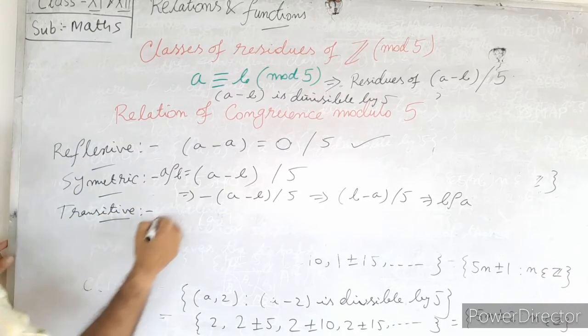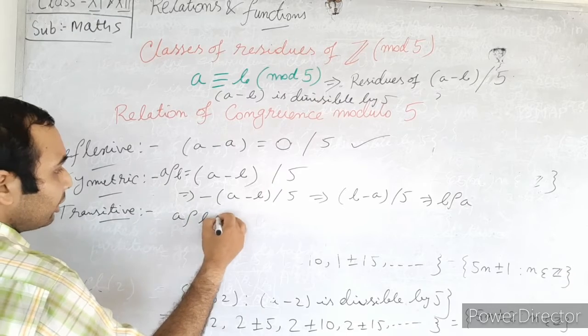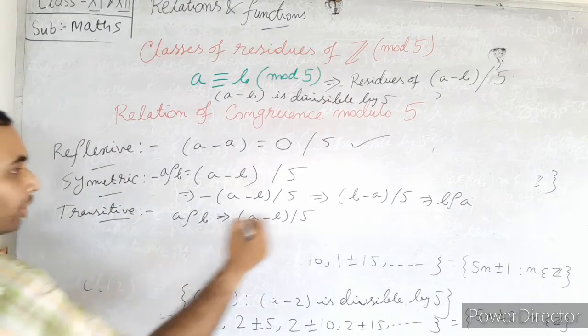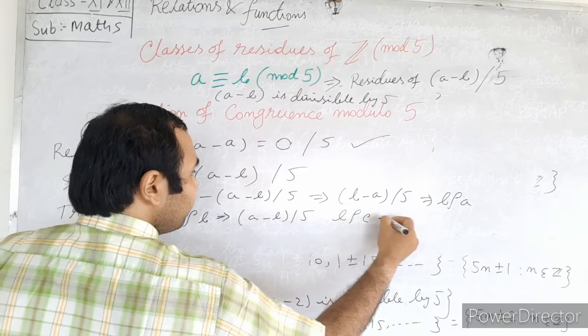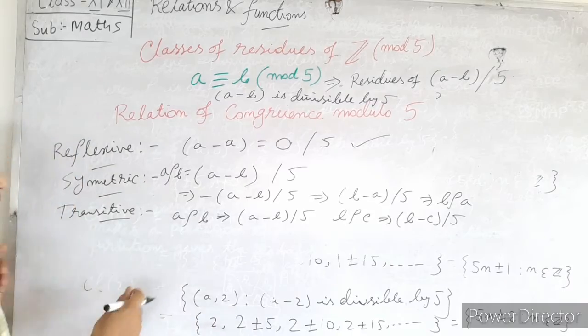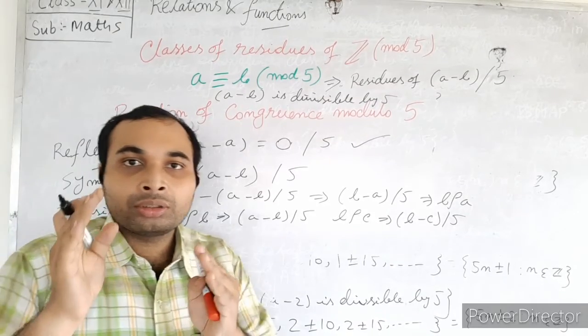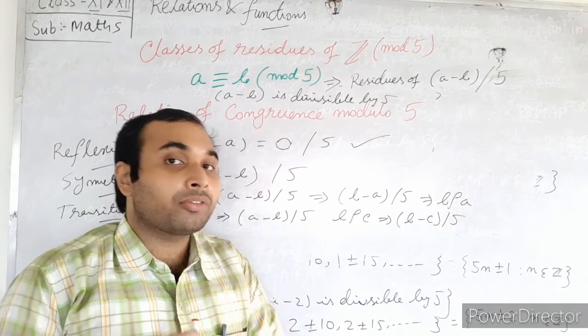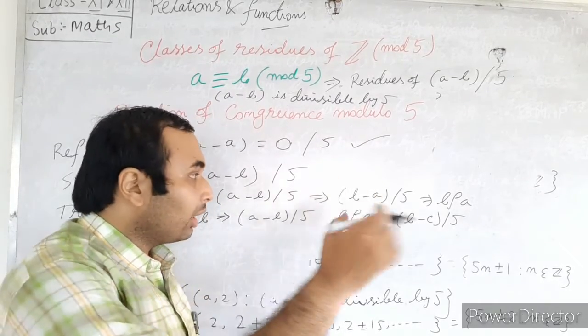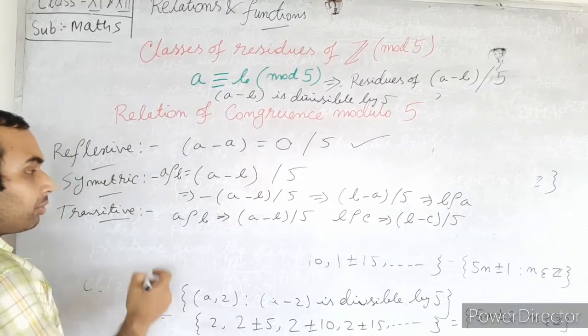For transitive, a rho b implies that a minus b is divisible by 5. b rho c implies that b minus c is divisible by 5. So both numbers are multiples of 5. If we add those numbers, then obviously the number we get will also be divisible by 5.